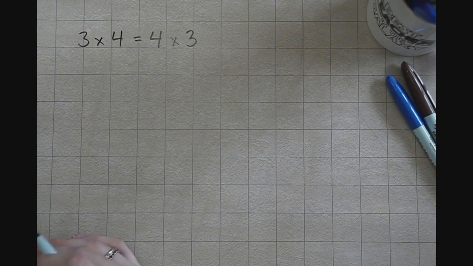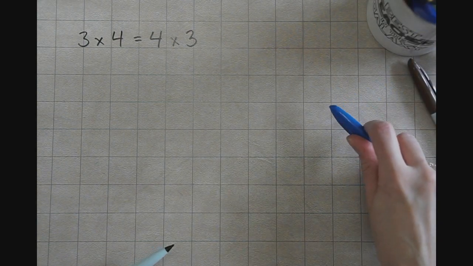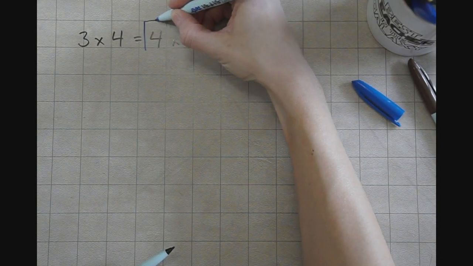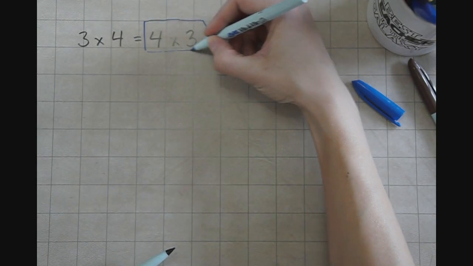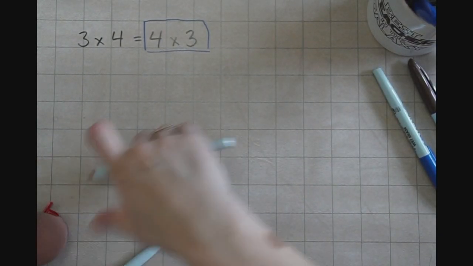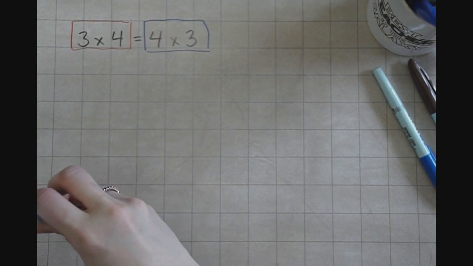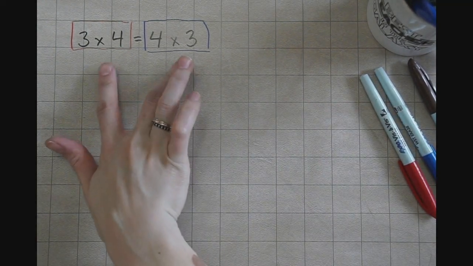To figure out if this equation is true, I need to see what both sides calculate out to. I've got this side over here, and I've got this side over here. If the equation is true, both sides will have the same value.